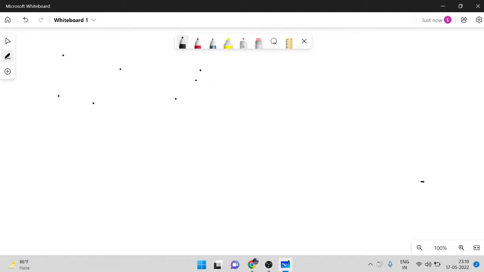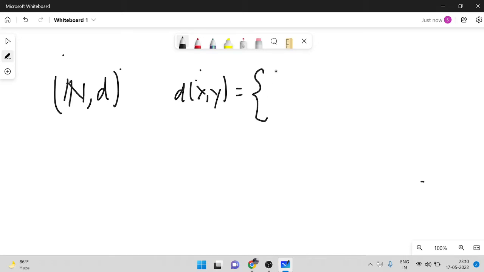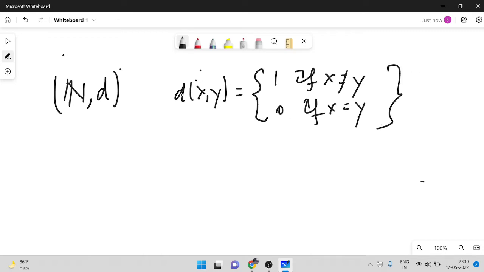Basically I have the set of natural numbers N, and I define the distance between the natural numbers this way: d of x comma y equals 1 if x is not equal to y, and 0 if x is equal to y. So this is an example of a metric space.